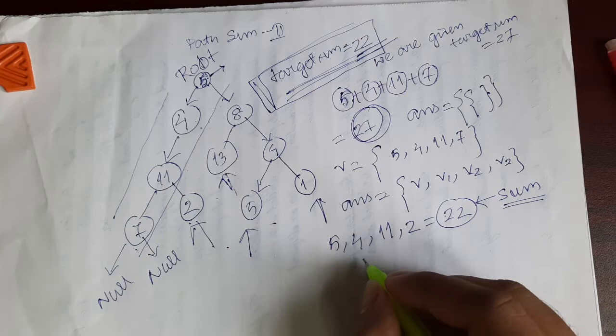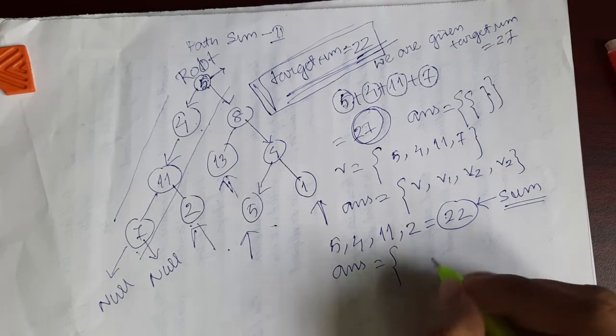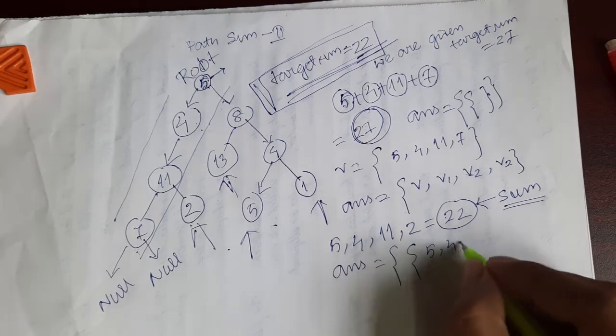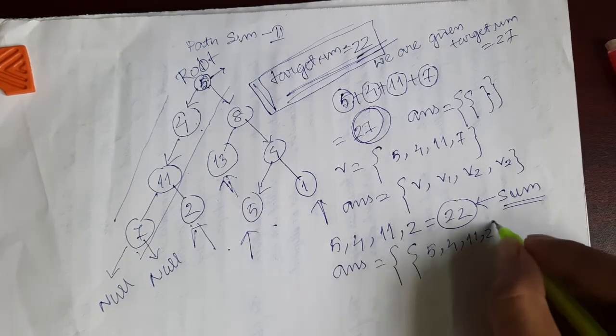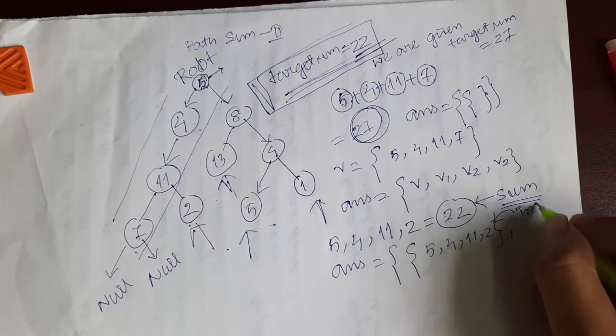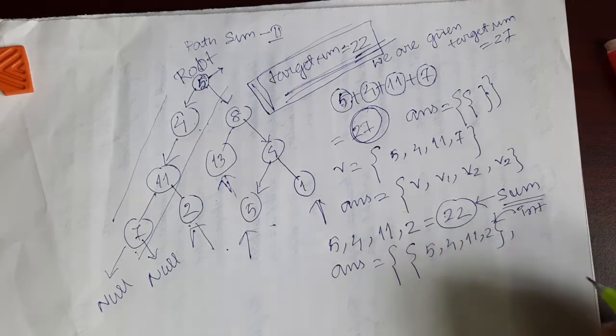So we'll put that into our answer. So answer will now consist of this one path. So 5, 4, 11, 2. Remember, this is in integer form, not in a root form or any pointer or tree node.